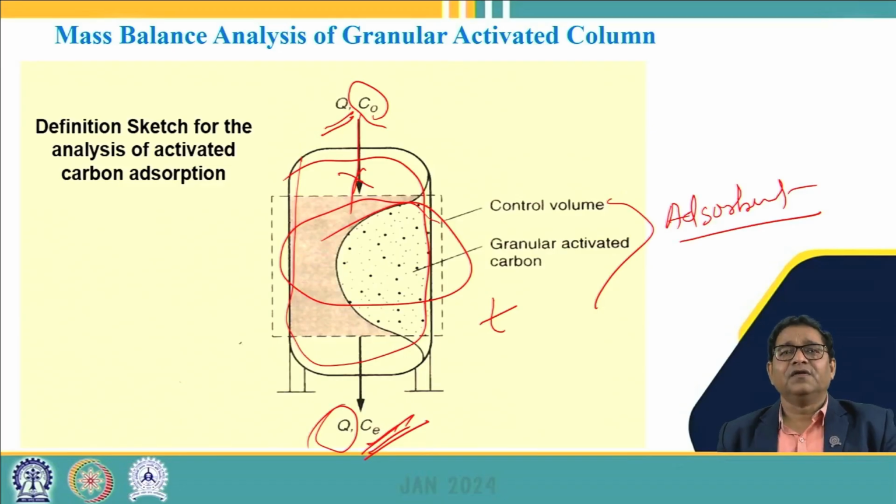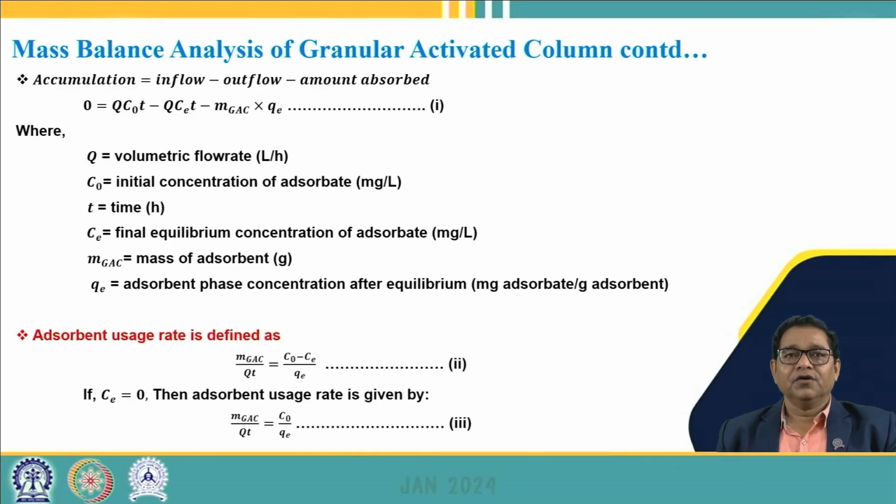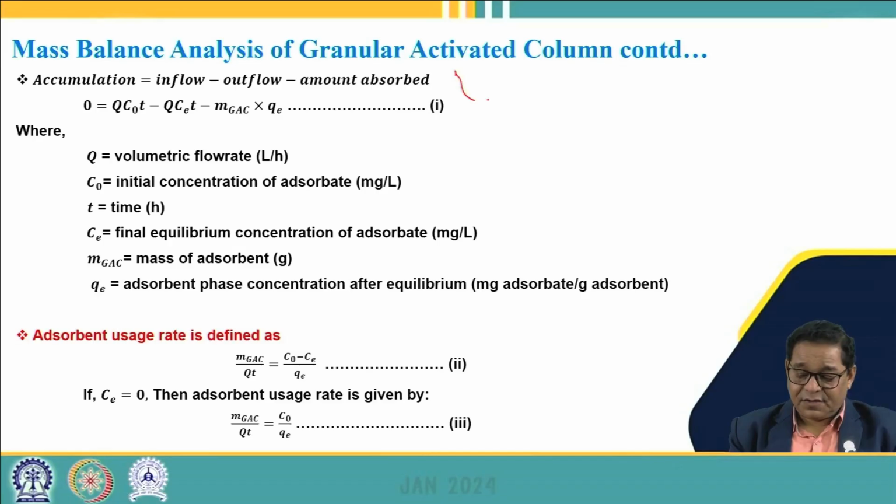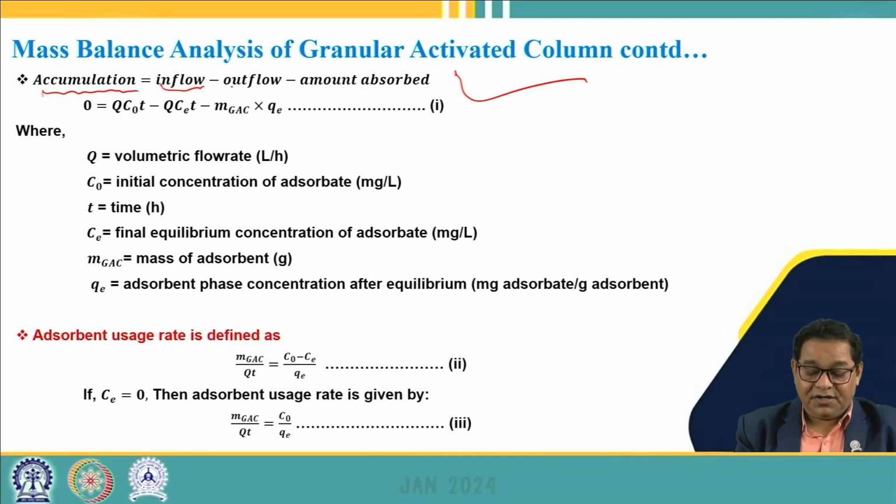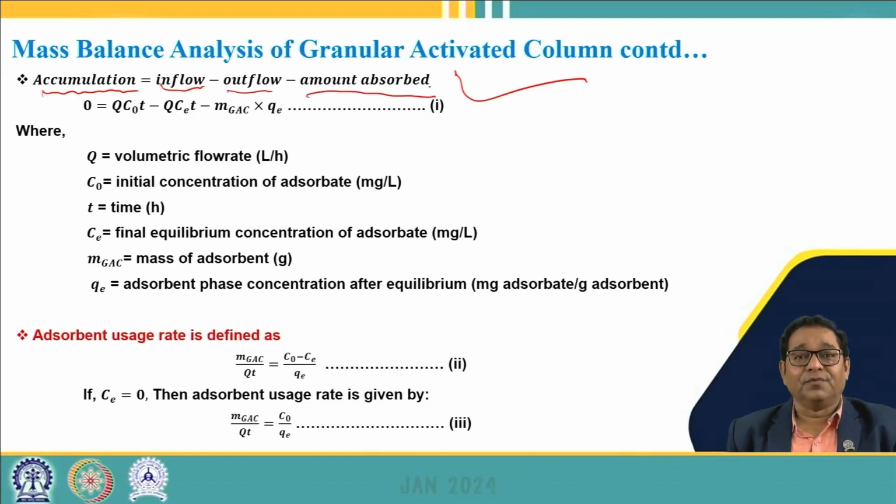So for this, how to perform the mass balance analysis and then find out different design parameters of granular activated carbon. Here, this is the mass balance equation, that is the basic equation: accumulation is equal to the inflow minus outflow minus amount being adsorbed.